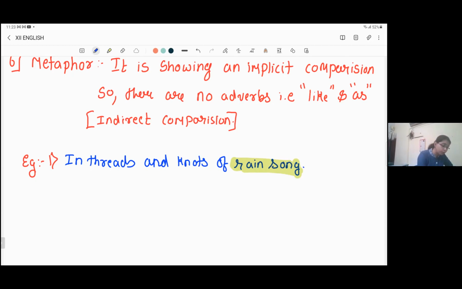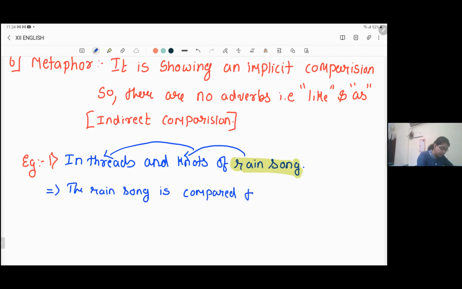Rain song is compared with whom? To knots and to threads. You can write the explanation. The rain song is compared to threads and knots. Right?